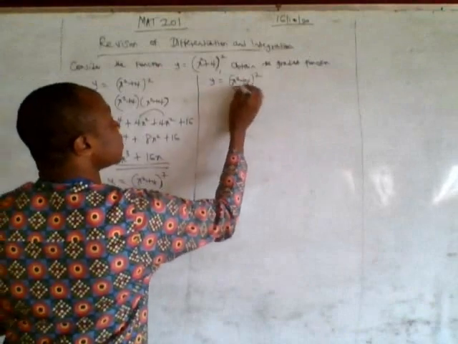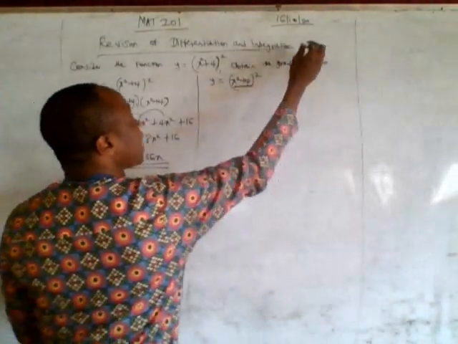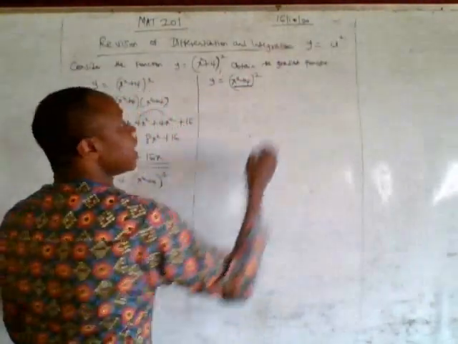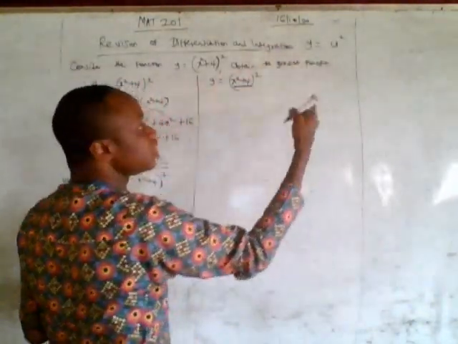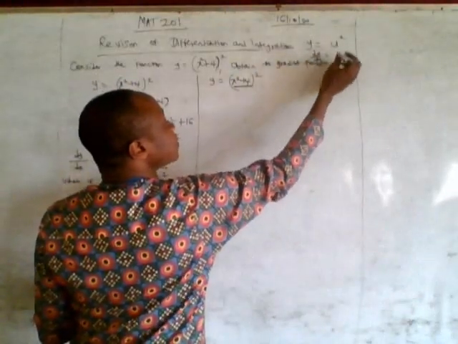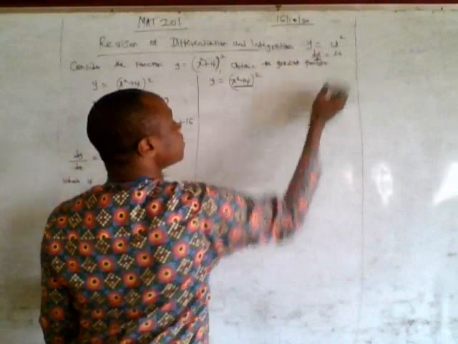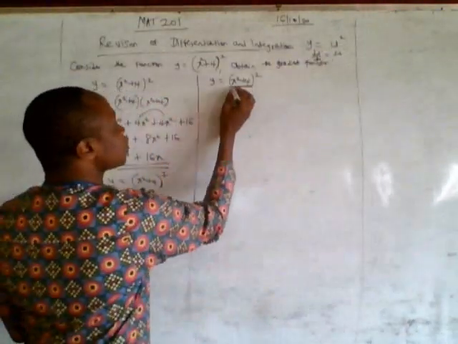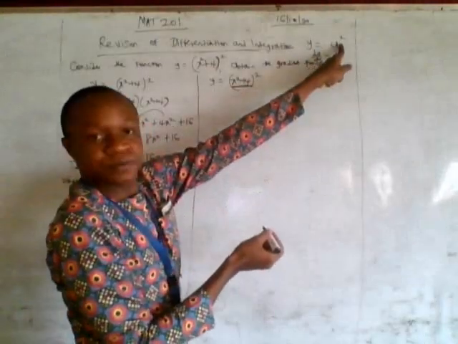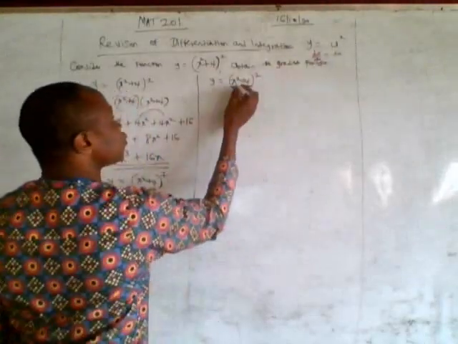Now look at the idea. My problem is this. Remember that if I had y equal to u squared, getting dy/du is not a problem. From here, dy/du is simply 2u. So I have something here which is not as simple as u.